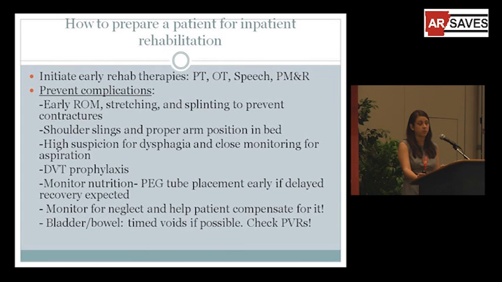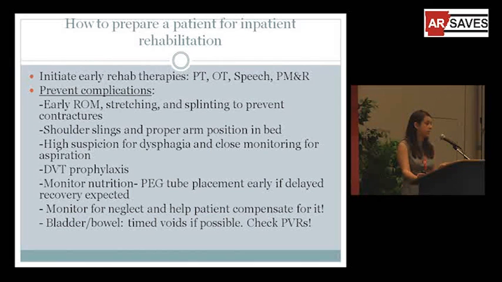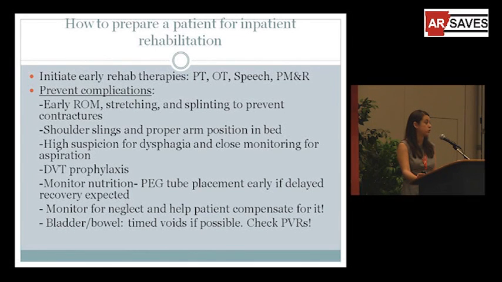Shoulder slings and proper arm positioning to prevent shoulder pain, because that is a limiting factor during the rehab process. You want to have a high suspicion for dysphagia and trouble swallowing so that the appropriate route for nutrition can be placed, so that we can really be aggressive with the rehab process and not have to worry about how we're feeding a patient.